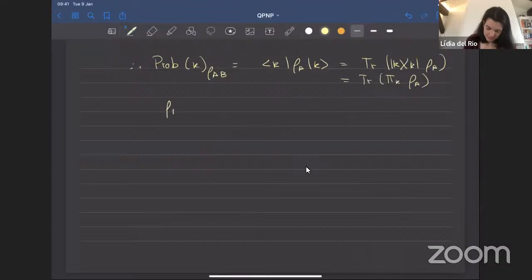And rho A is this sum over j of identity in A, j, rho B, identity in A.